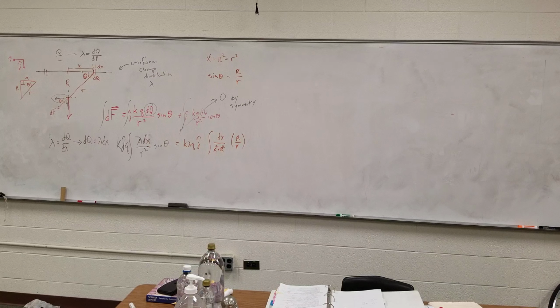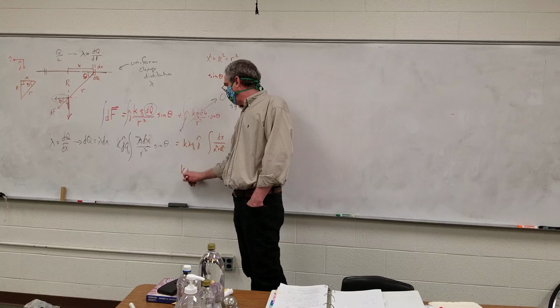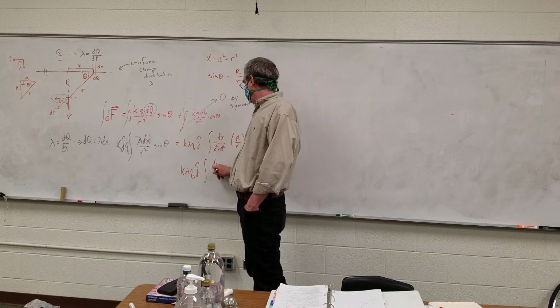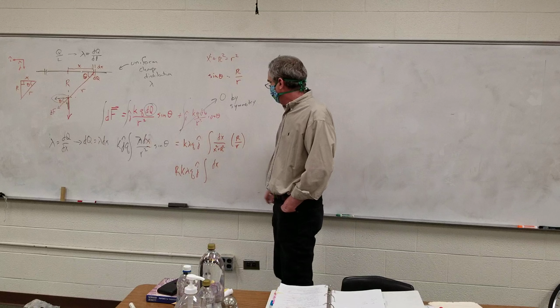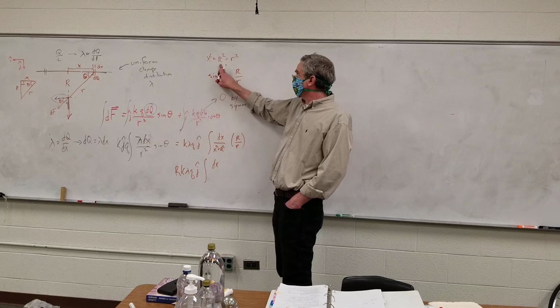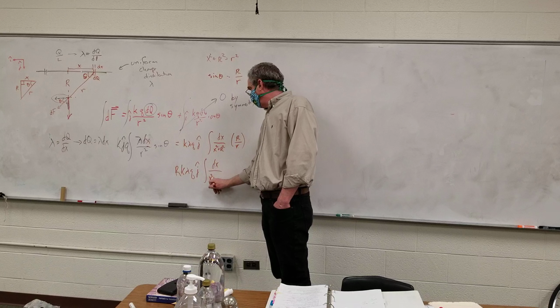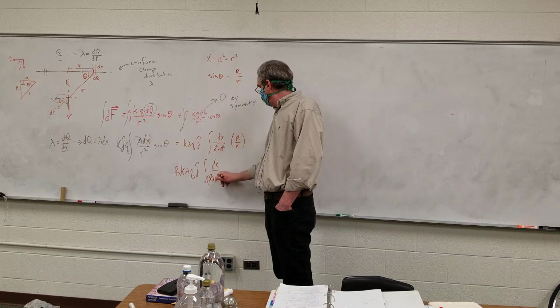So I just got rid of r, but now I've brought r back in, so I've got to deal with that. So I got k lambda q j hat dx. Oh, I got a big R here I can bring out. Little r is just the square root of this. And so in the denominator, I have x squared plus big R squared to the 3 halves.